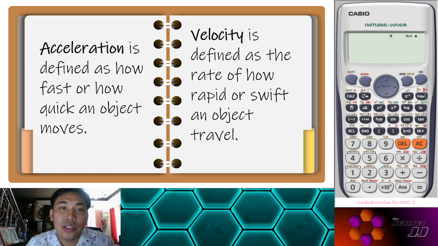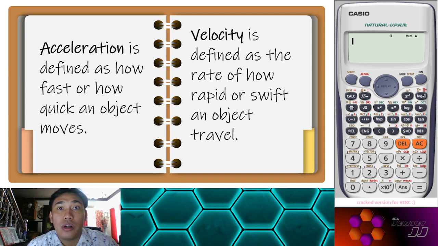Acceleration is defined as how fast or how quick an object moves. For example, let's say a runner can reach a top speed of 50 kilometers per hour. How can he or she attain that?